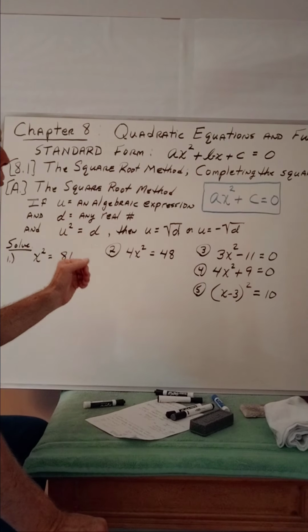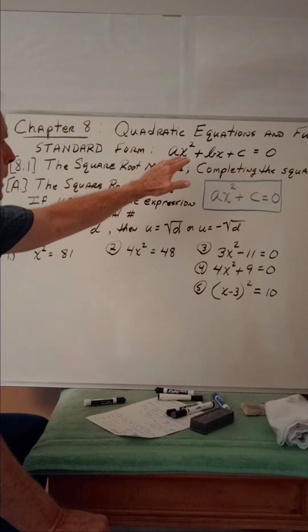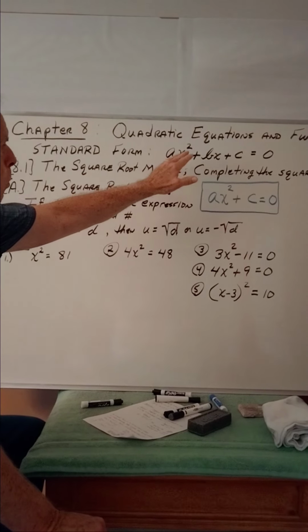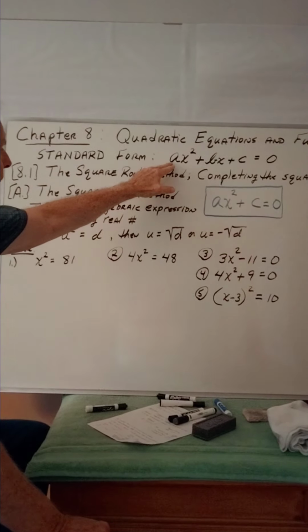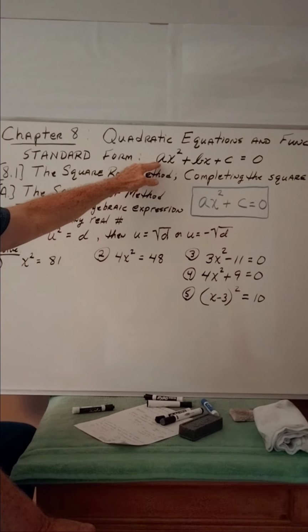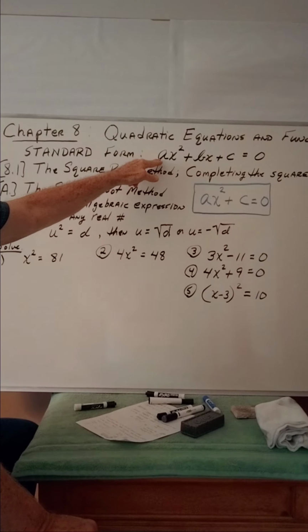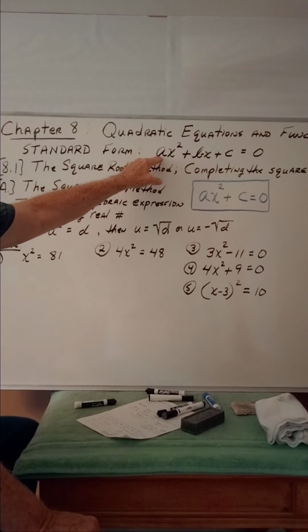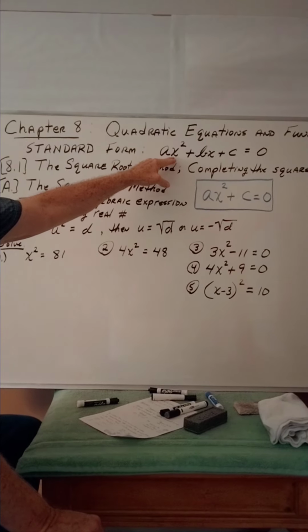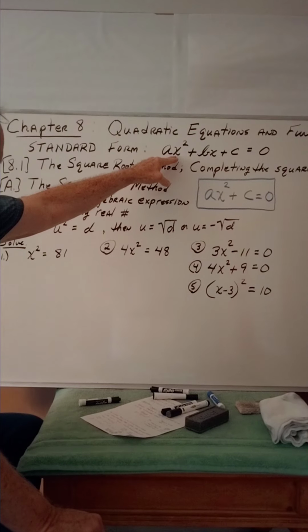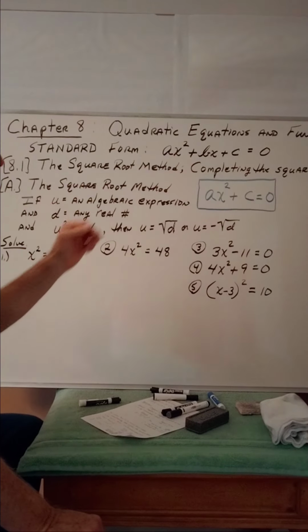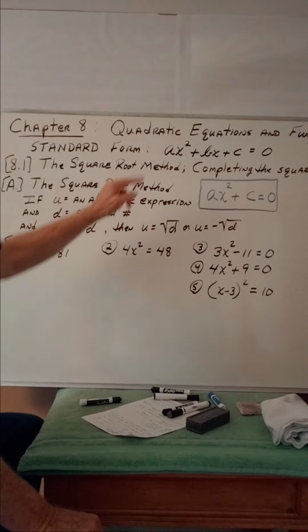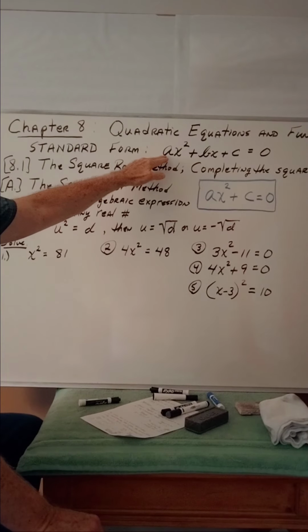A, b, and c are allowed to be any real number with one exception. A, the coefficient of the quadratic term, cannot be 0, because if it's allowed to be 0, then we won't have an x squared term, and we wouldn't have Chapter 8. But b and c are able to be 0, but a is not.